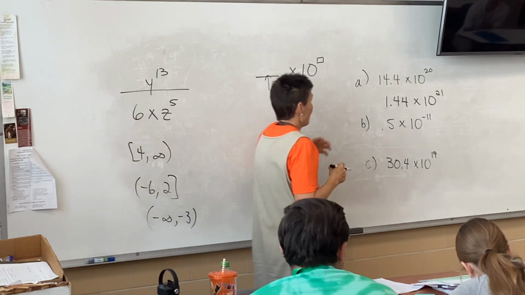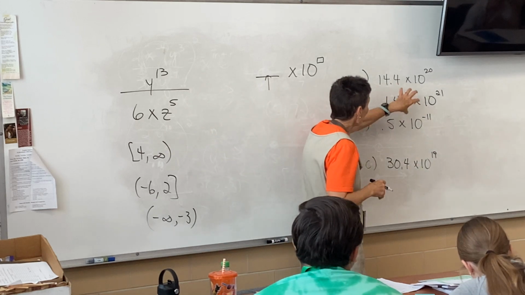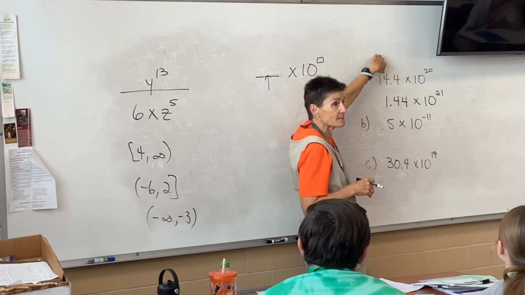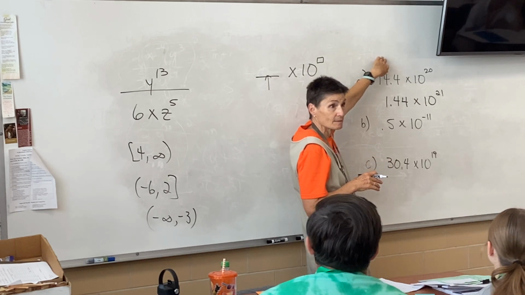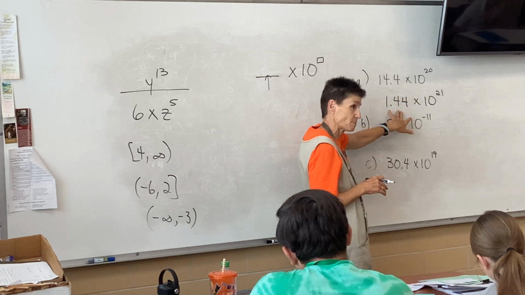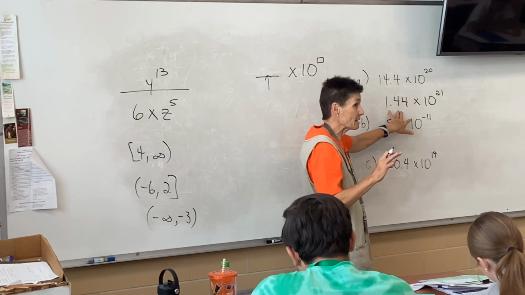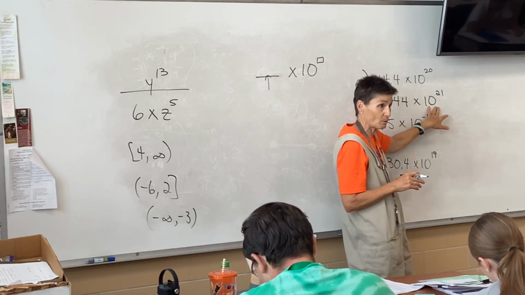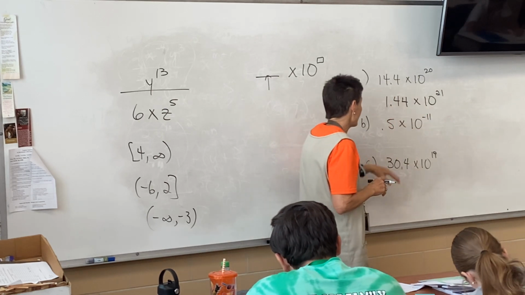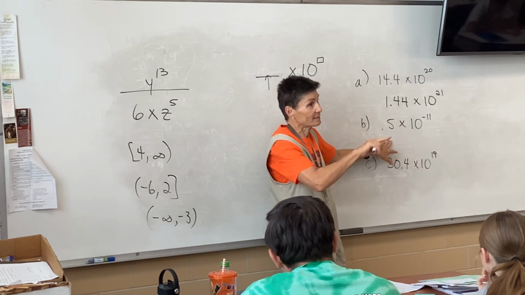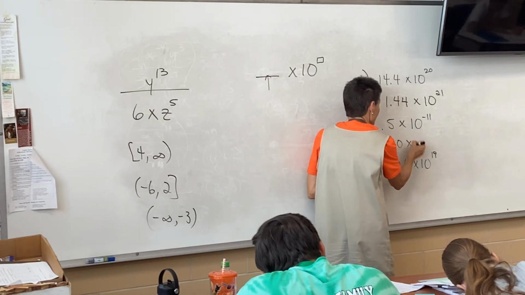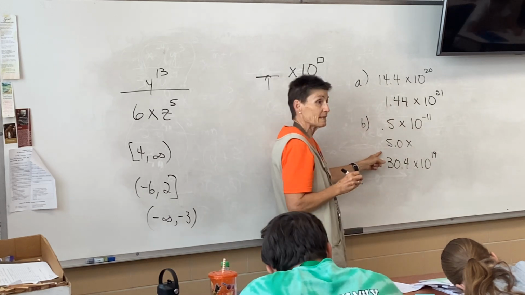What I think about is that whatever I write here as my final answer has to be exactly the same numerically as this. So if I take the first part of the number and make it smaller, then to keep everything balanced, the second half of the number is going to have to get bigger. Good. Now this one is the same problem, but the other way. This is going to have to become 5.0, which means it's getting bigger.